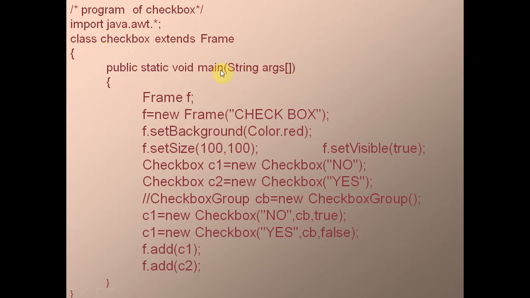So we are not writing init here because it extends from frame. If it extended from applet, then we would write public void init or public void paint. So it will be public static void main, and string args. And f is the object of frame, and f equals new frame checkbox. So its title is checkbox, and the background of the frame is red, and the size of the frame is 100 by 100, and f.setVisible(true).